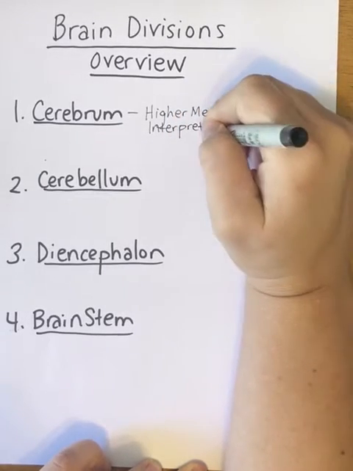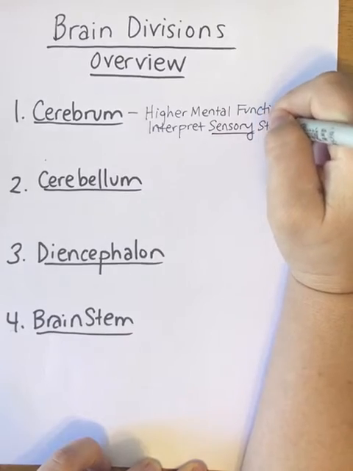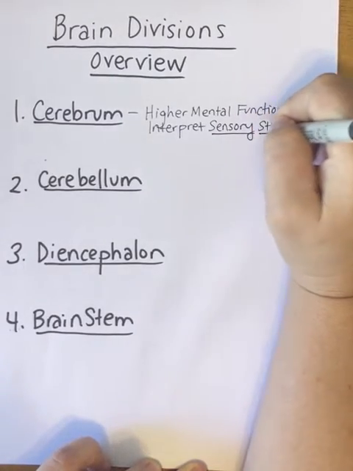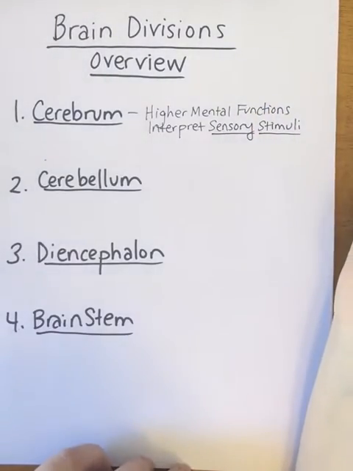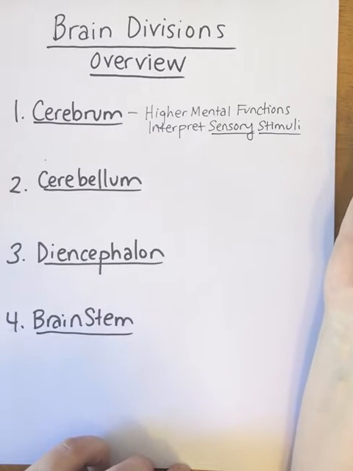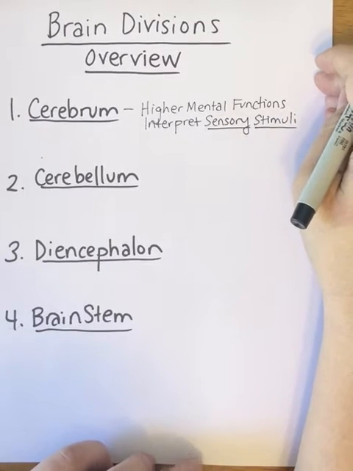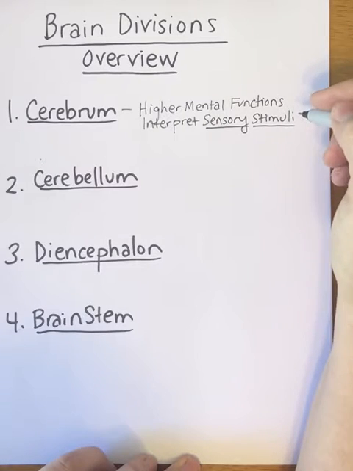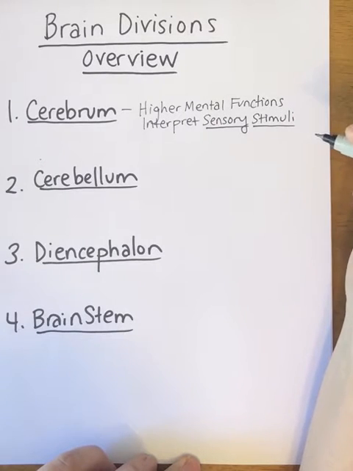Now, when we say sensory stimuli, we're talking about the sensory neurons. Sensory stimuli is going to be general senses and special senses. It has to go to the cerebrum in order to see, to have vision. So that's a special sense, but it also is going to help you with general senses.